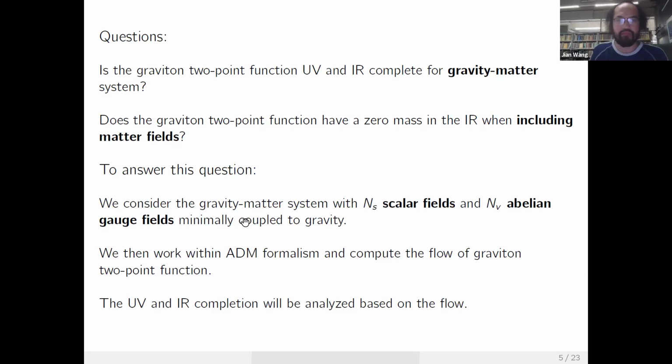Those matter fields are minimally coupled to gravity. Within this setup, we will work with the ADM formalism of gravity and compute the flow of graviton two-point functions. After we have the graviton two-point functions, we will analyze the UV and the infrared completion of the theory. That's the basic structure of this talk.